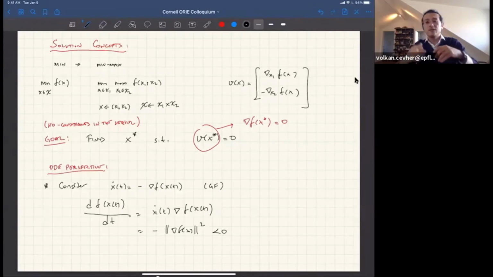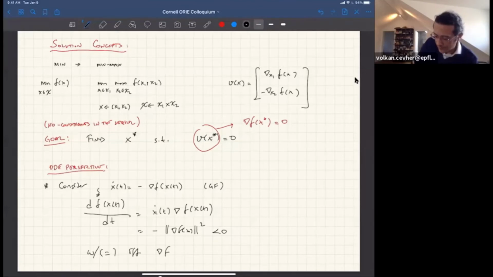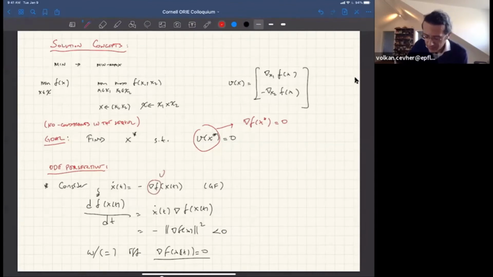So if you look at the evolution, so let's say you're looking at this x_t, looking at the time evolution of it, it's almost like a Lyapunov function for this, because what you also have here is equality if and only if the gradient at x_t is 0. Now, in the case of the general min-max, all I do is replace this with v.